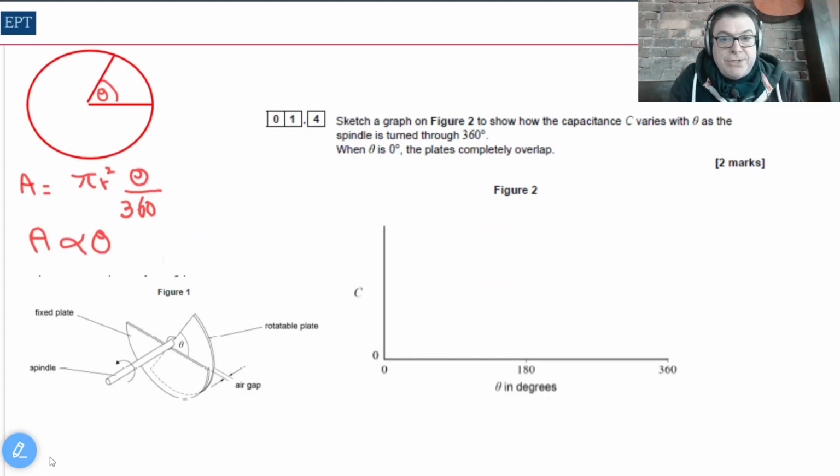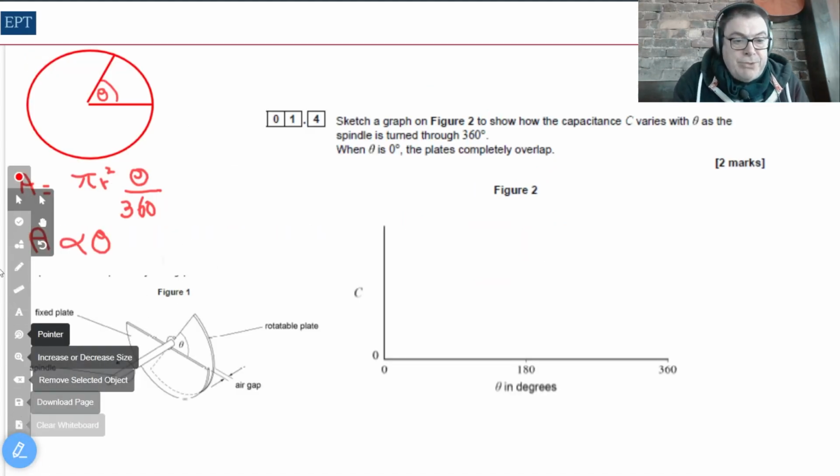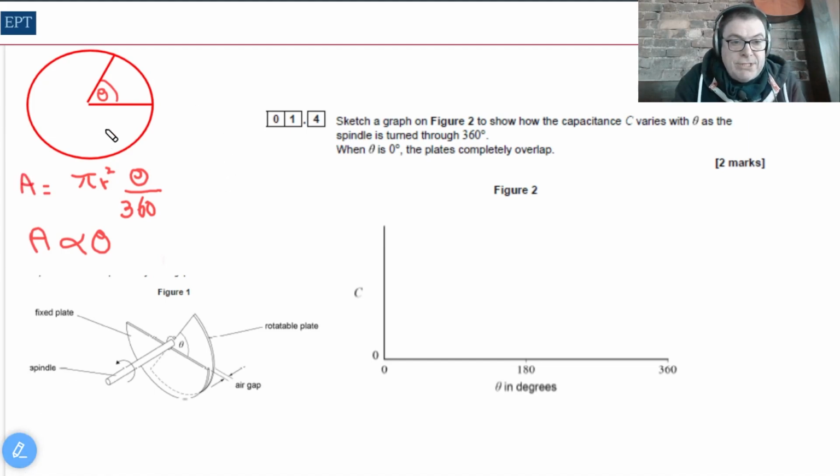Having established that the relationship between theta and the area of the sector is linear, we can now apply it to our variable capacitor, noting that theta is actually the angle outside of the overlap, if you like. So we're interested in this area here. As we turn the spindle round, we've got to draw a graph of how the angle and capacitance change.